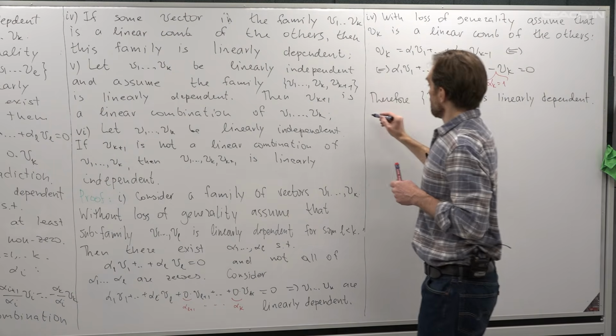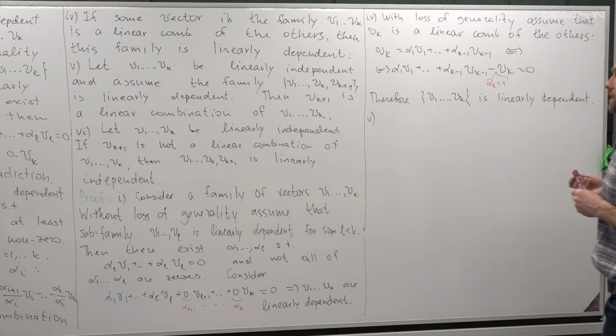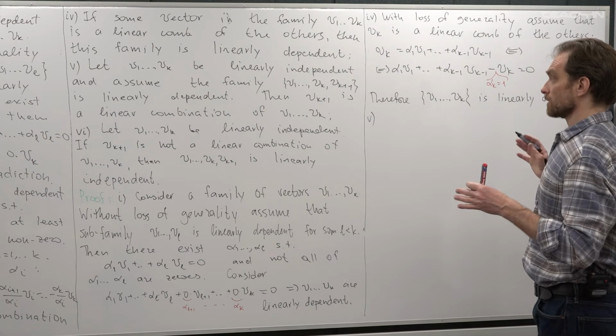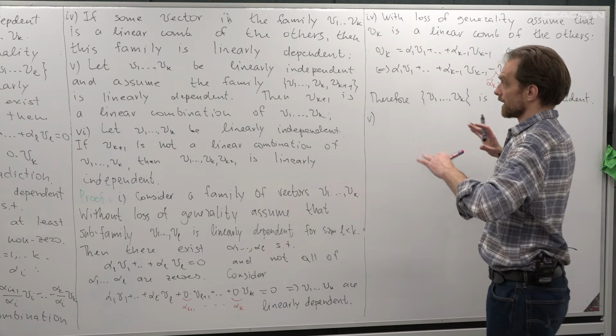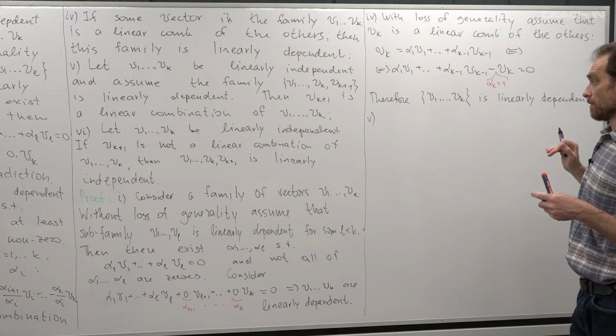Okay, so the fifth property. So here we have a linearly independent family, and we add one vector, such that after adding this vector we get a linearly dependent family.